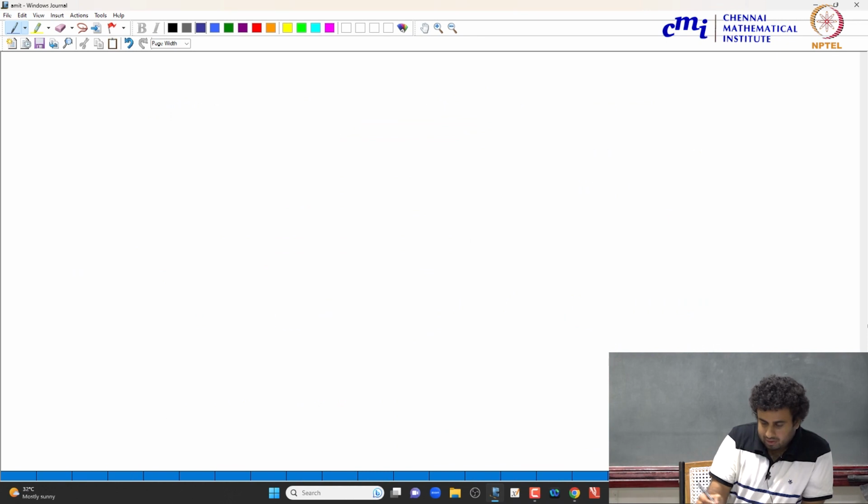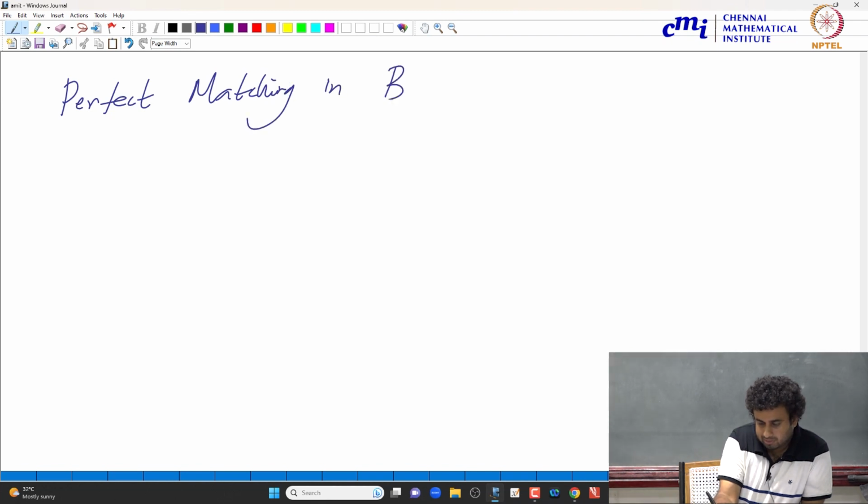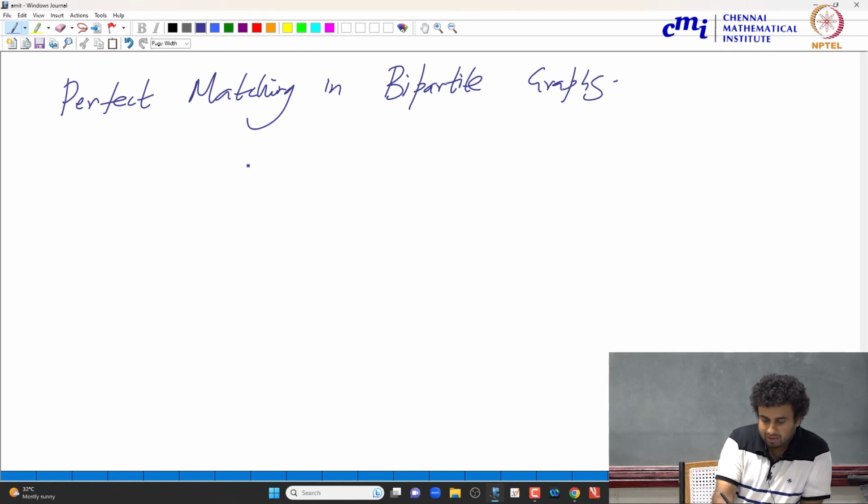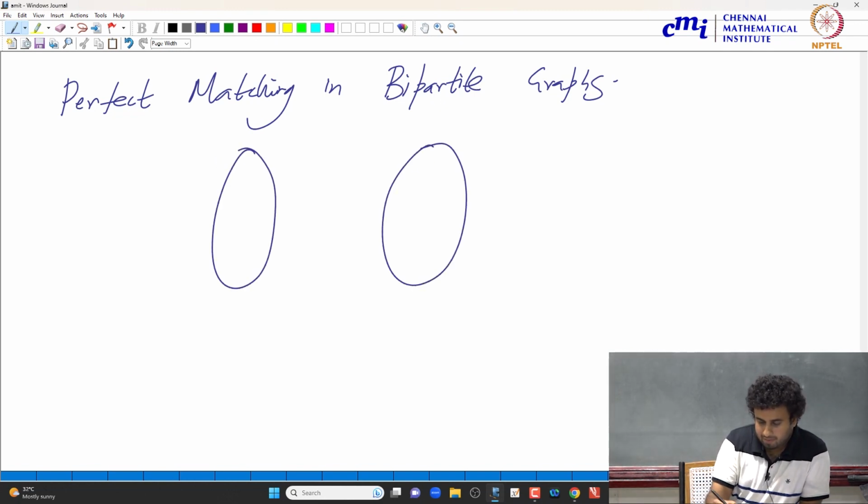Another application, and I will end with that, is testing perfect matching in bipartite graphs. You know about bipartite graphs, right? You have sets U, V of vertices.